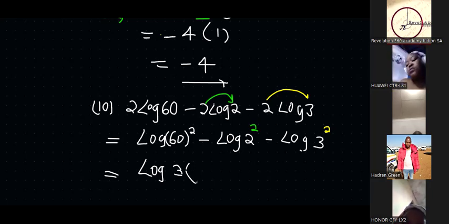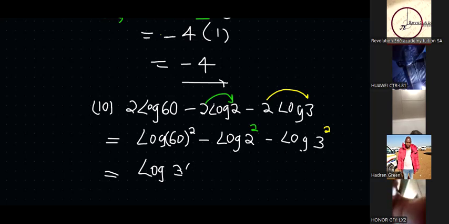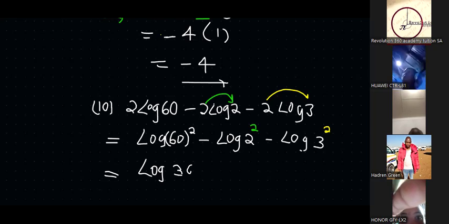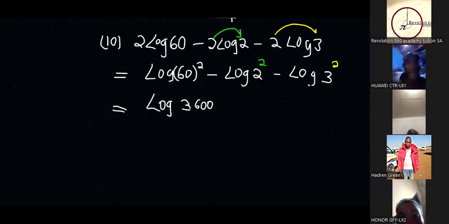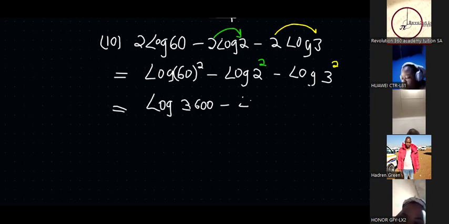What is 60 squared? 3,600. Yes, I was waiting for an answer. Okay, I wrote it. Then you're going to say minus log 2 squared, that is 4. Then you say minus the log of 3 squared, that is 9.